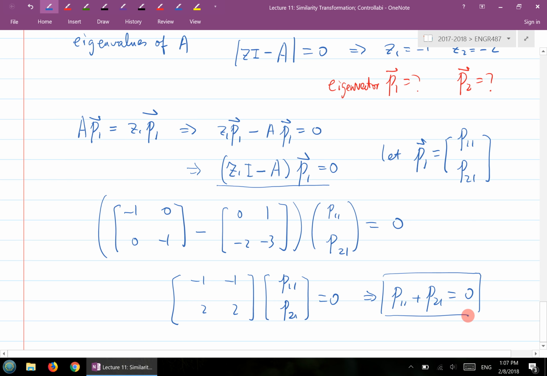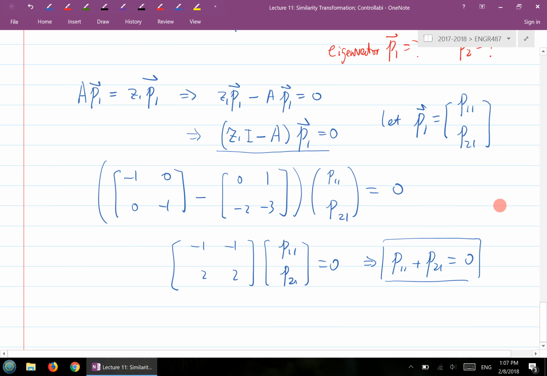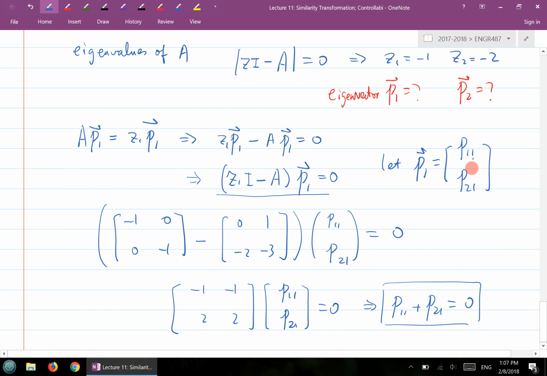So one expression, infinite number of solutions, right? Which makes sense because this is a vector. When you have a vector, you can multiply the same vector by any scale, and you get a different vector with the same direction, just a different scale. So for an eigenvector, you can have infinite solutions, all with a different scale.